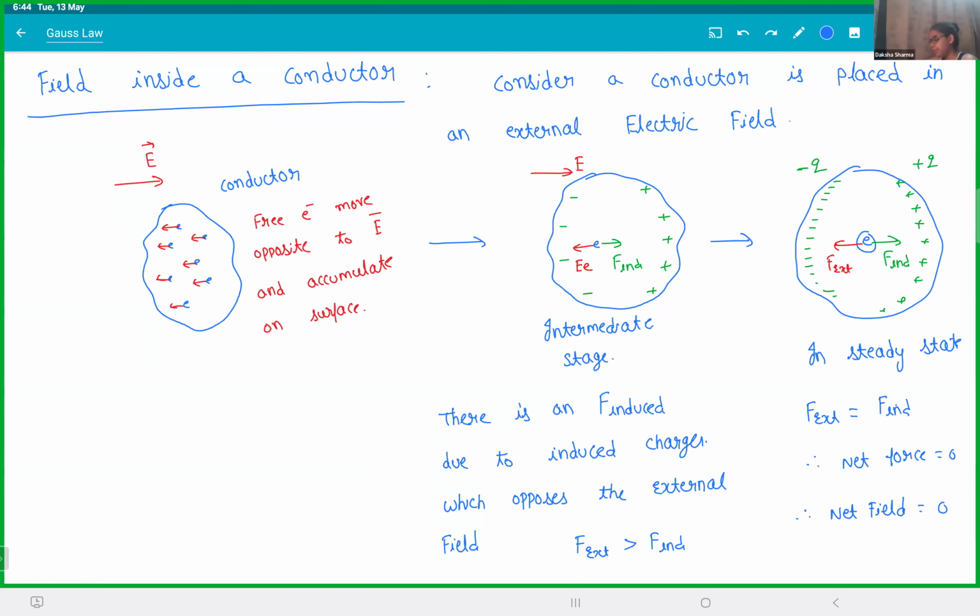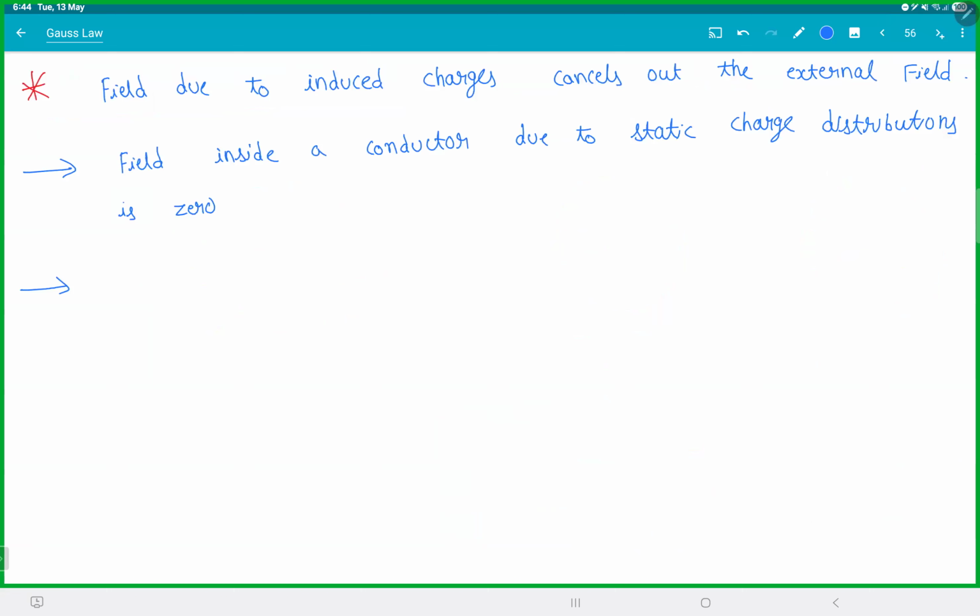Okay. Now, if you take an insulator, what happens? What is the difference between an insulator and a conductor? In an insulator, you don't have enough free electrons. All are stuck inside the nucleus. So inside an insulator, there's no guarantee the field inside is zero.